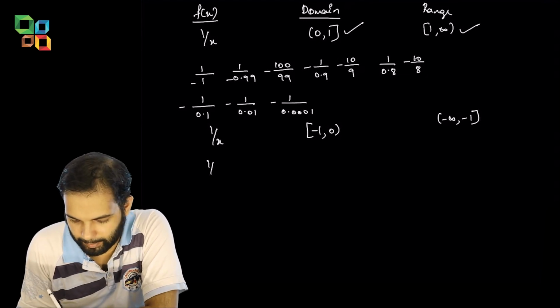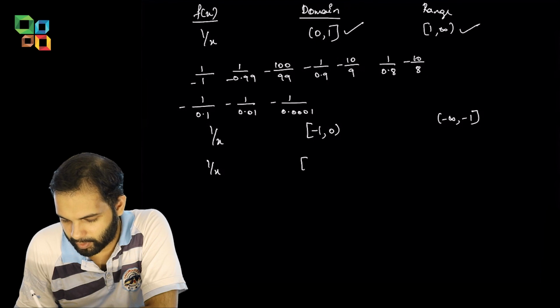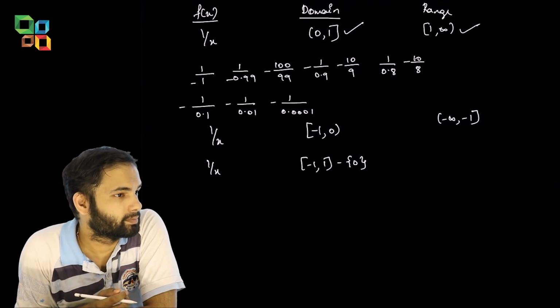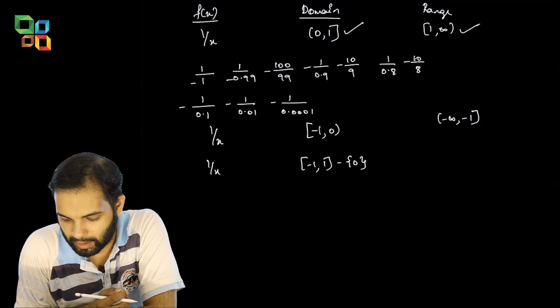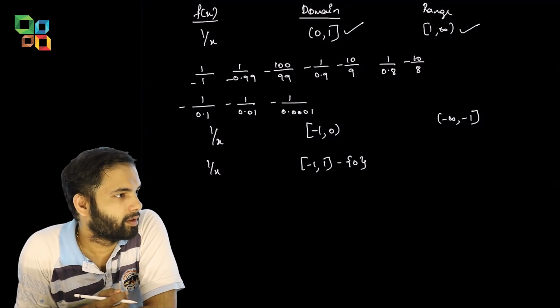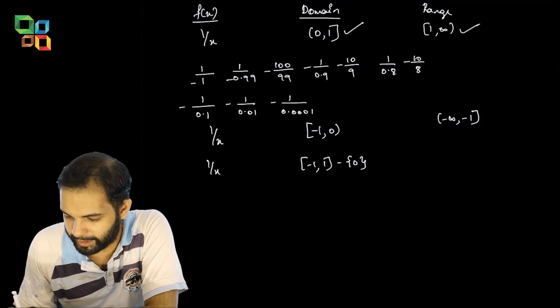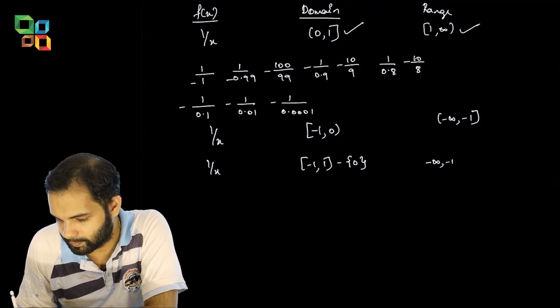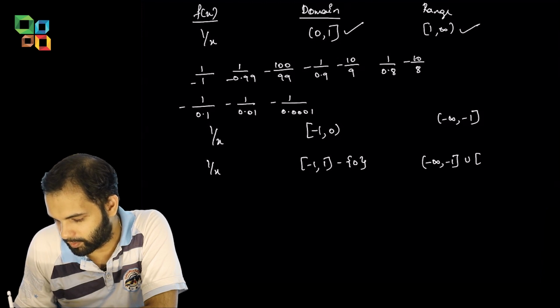Suppose for the same function, we have a number from -1 to 1, except 0. If it's from -1 to 1, the range is minus infinity to -1, the union 1 to infinity.